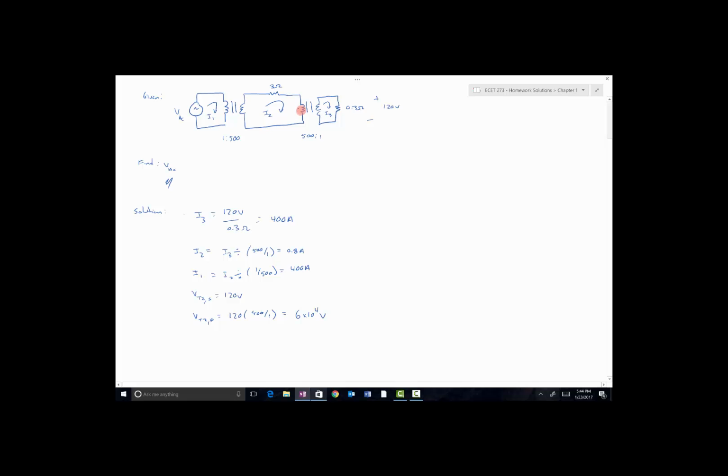So now I know the voltage right here. I need to know the voltage here, but there's a voltage drop associated with this 3 ohm resistor due to the current flowing through it. So I need to calculate that. We'll call that VR3. That's the current through it, 0.8 amps, times 3 ohms. So that's 2.4 volts.